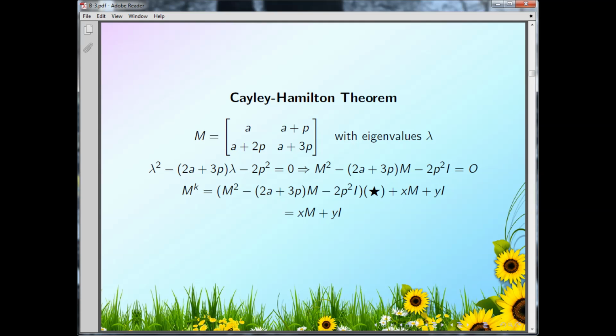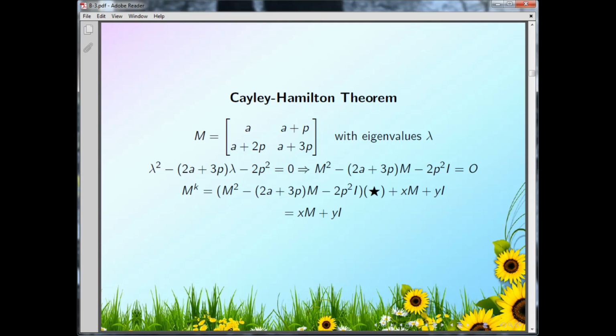So if you have not just the kth power, but any arbitrary polynomial in M, you can divide that polynomial, with the coefficients being in a field, and you have a quotient, which eventually doesn't matter, so I use a star here, and there's a remainder. Since our divisor is of degree 2, the remainder must be of degree 1, and because the divisor is a zero matrix, as a matrix this expression is equal to x times M plus y times the identity matrix.